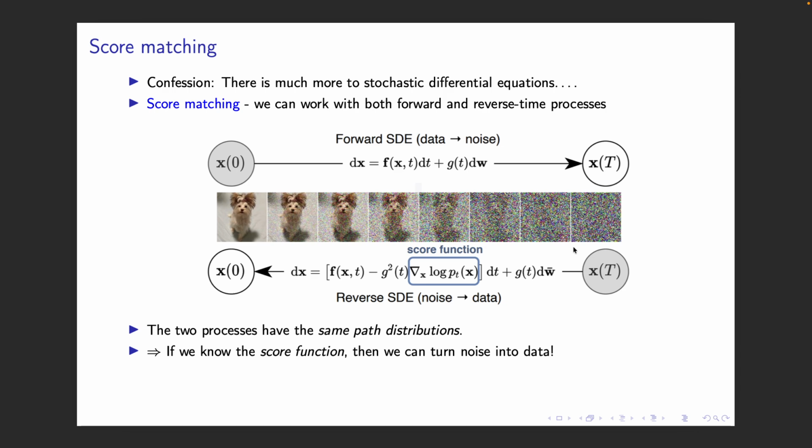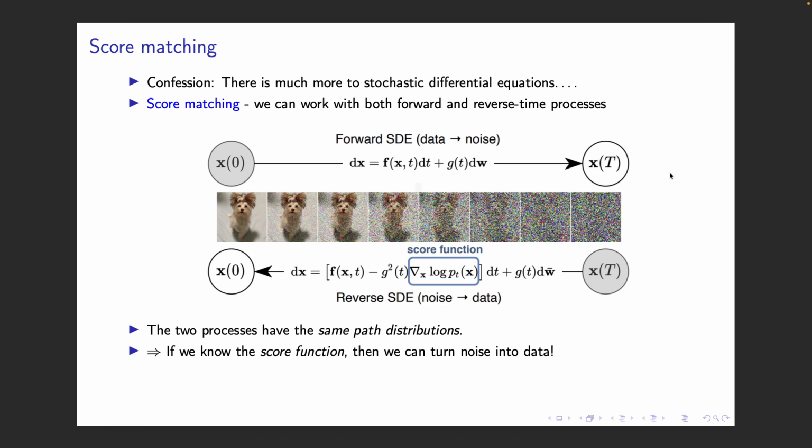And here's a snapshot from a figure in a very famous paper on score matching. I'll link to it up here, where this property is used explicitly to define the objective that we learn.